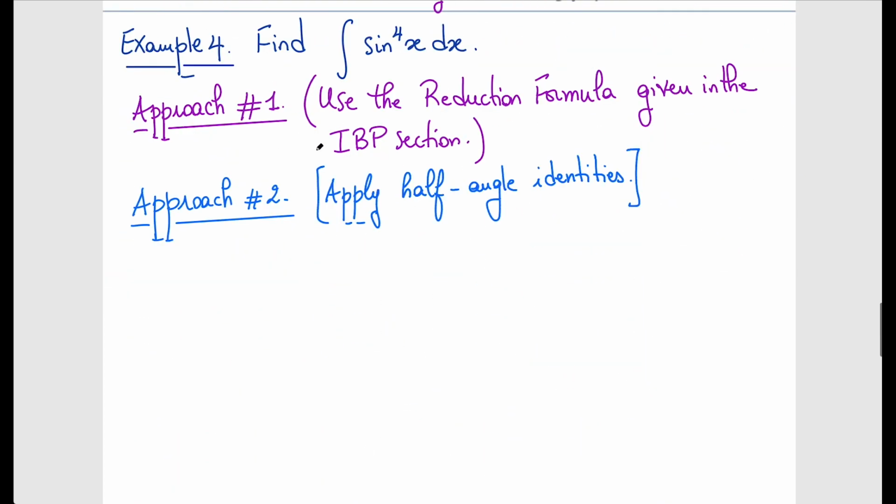So sine to power 4x can be thought of as the square of sine to power 2x. The square of the square is that thing to power 4. And this is the square then of what's sine squared theta or what's sine squared x in terms of cosine by just linearizing the power.